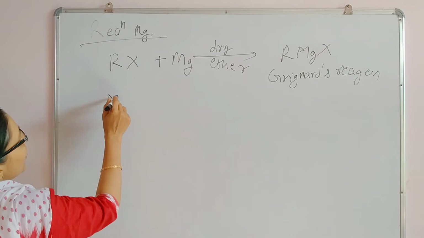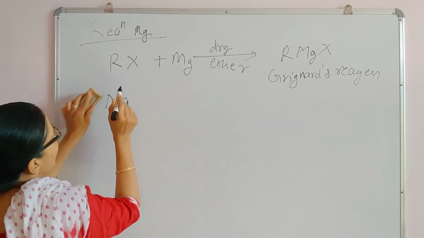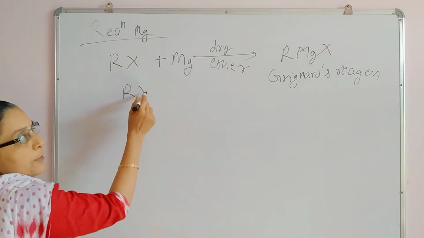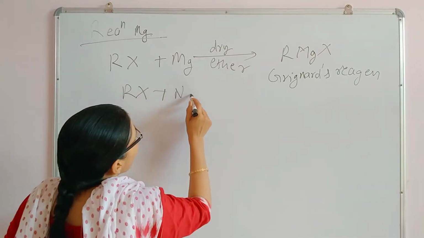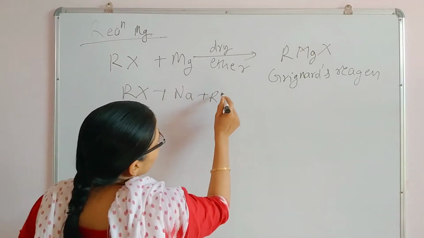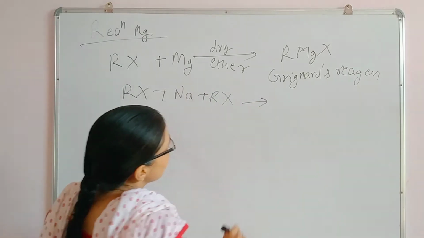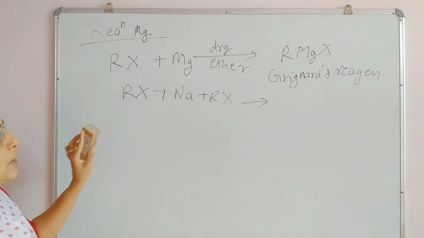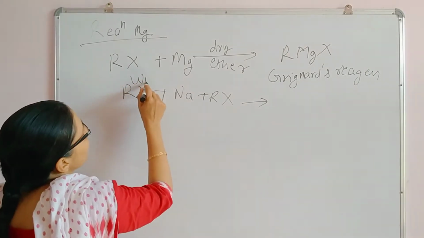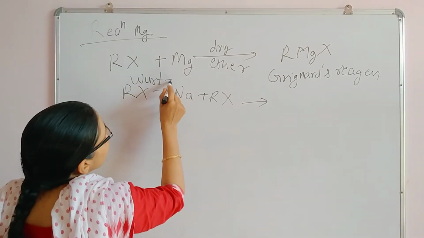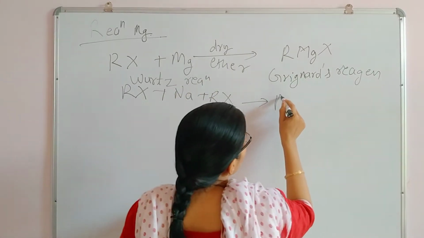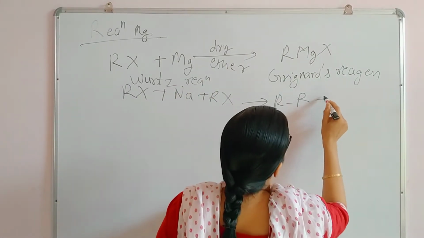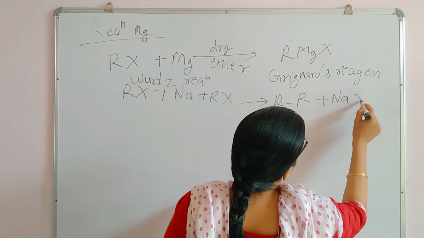Reaction with sodium, a well known reaction for you, that is RX plus sodium plus RX. Now, please recall your memory. What reaction? You can say that Wurtz reaction. So, there will be formation of R-R and NaX.